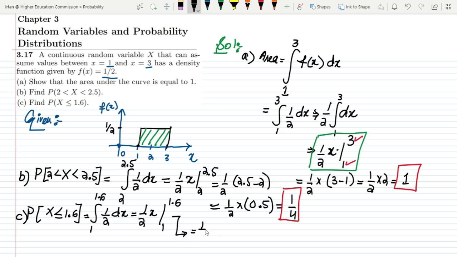It will be higher value minus lower value. So 1 by 2 multiplied by 1.6 minus 1, which is 0.6. So it will become 0.3. That is the solution of part C.